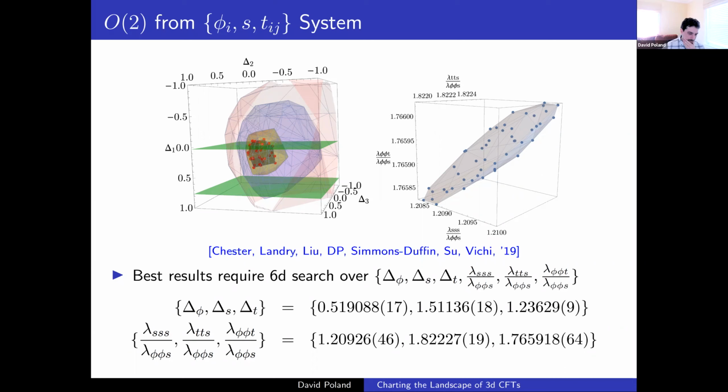For example, you can measure. One case I know about is that it's possible to simulate the O2 model in a system of cold atoms trapped in an optical lattice.